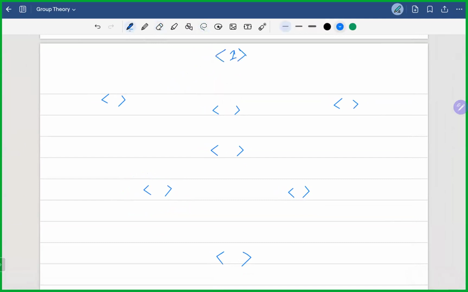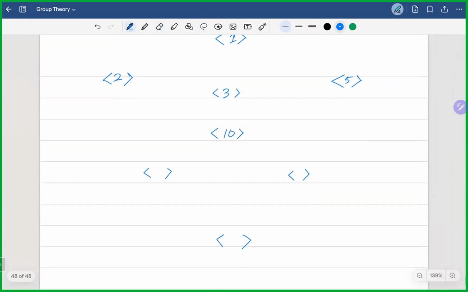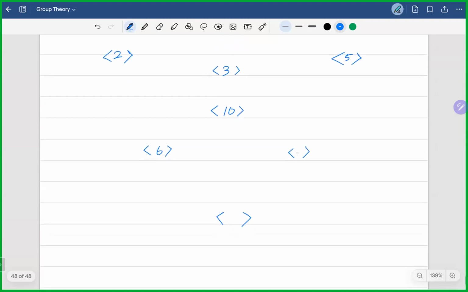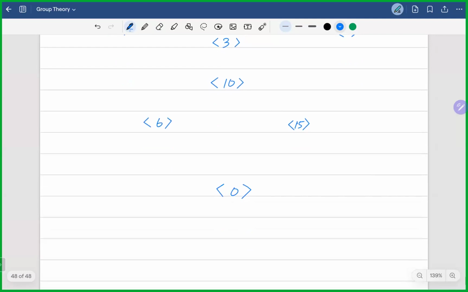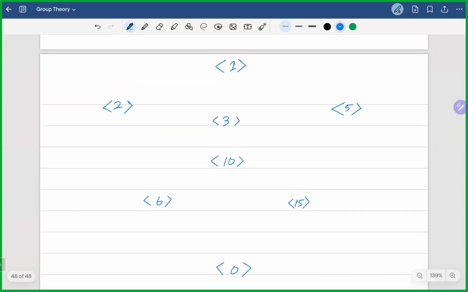Now this is one here, this is two here, this is three here, not three, but five. This is three here, this is 10 here, and 6 here, 15 here, and 0 here. Now, there's a reason to place them like this, and the reason is that you can say these two are subgroups of each other, these two are not.